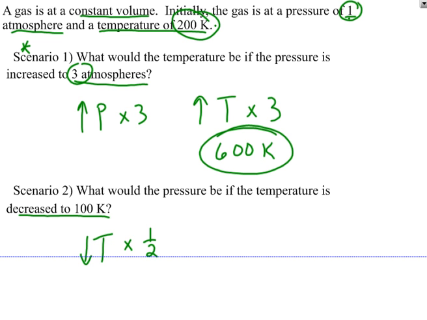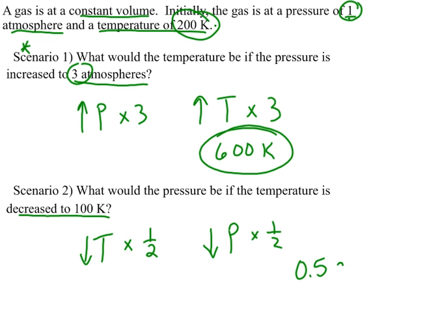So we know that the pressure will do the same thing as the temperature. If the temperature is decreasing, the pressure will decrease also by the same factor. So if the pressure was originally at 1 atmosphere, it's going to decrease by a factor of 1/2, so from 1 atmosphere multiplied by 1/2, this new pressure would end up being 0.5 atmospheres.